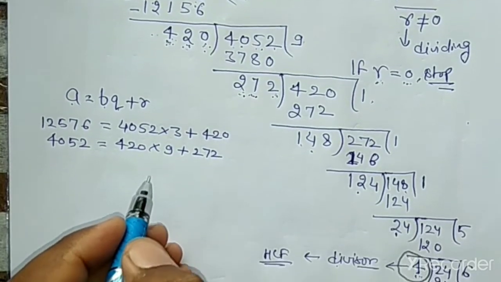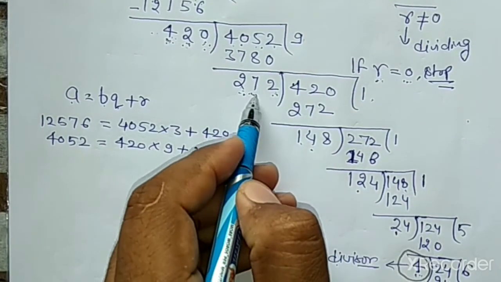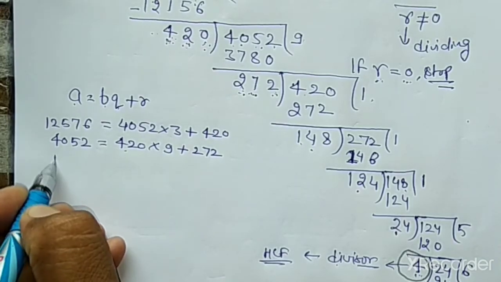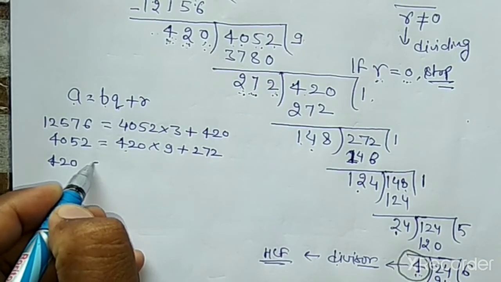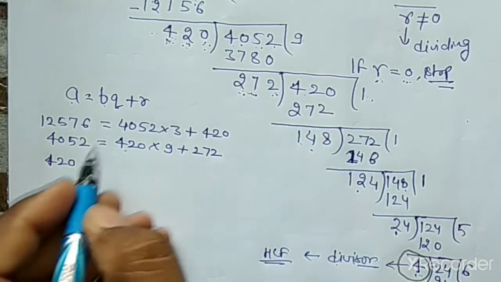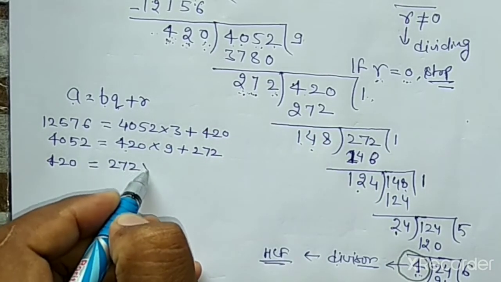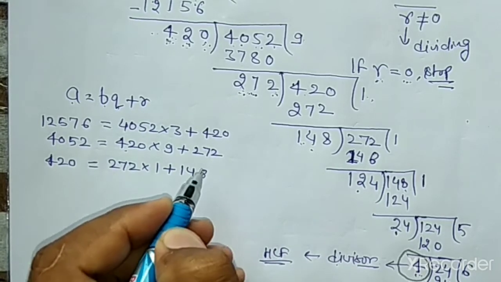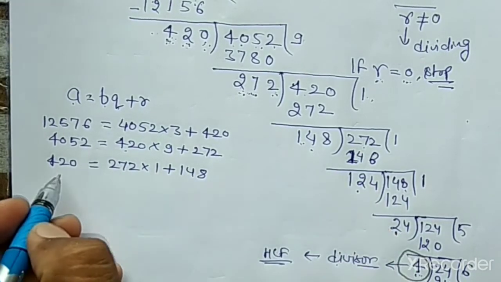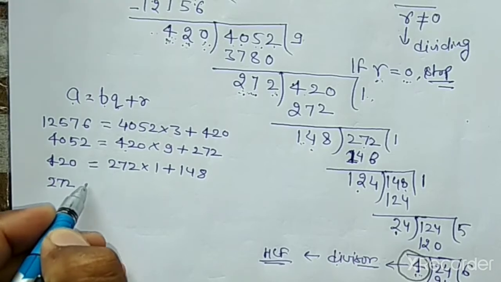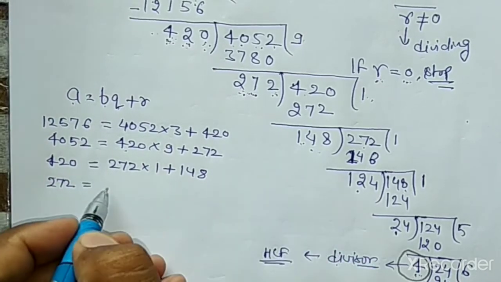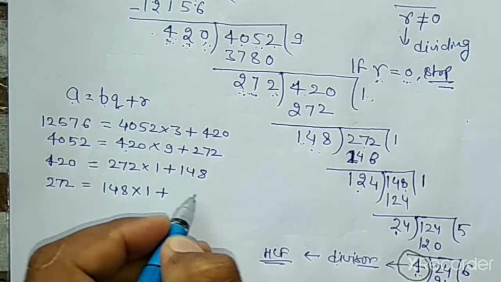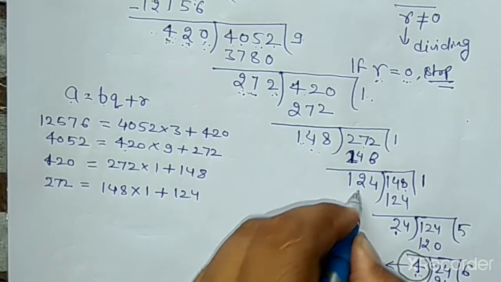Okay, again the remainder is not 0, so again 420 comes over here. 420 equals 272 into 1 plus 148 is the remainder. Again 272 comes over here, 148 into 1 plus 124, that is the remainder here.